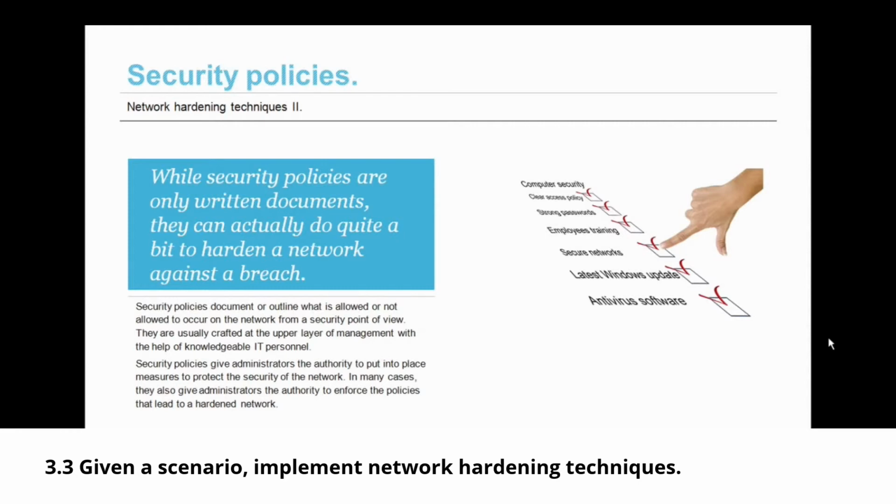They establish the expected behavior, which can go a long ways towards hardening your network. Security policies give administrators the authority to put into place measures to protect the security of the network. In many cases, they also give administrators the authority to enforce the policies that lead to a hardened network.